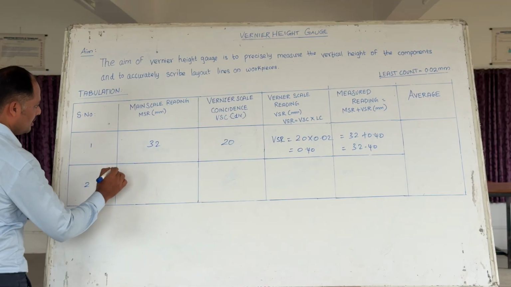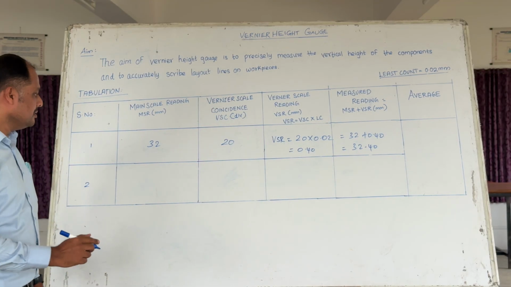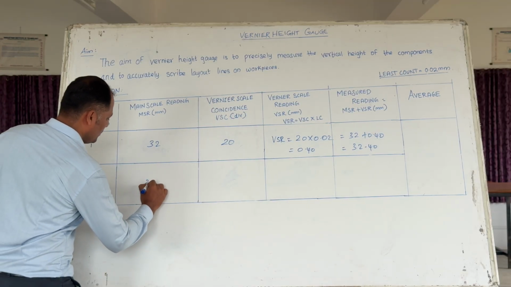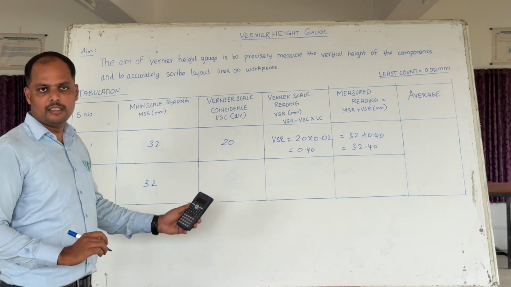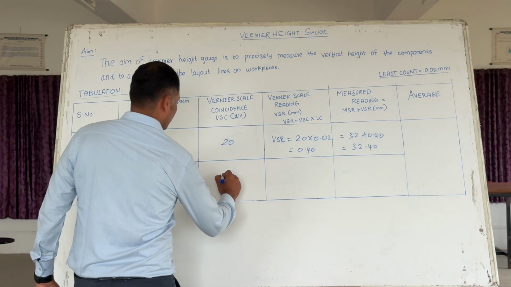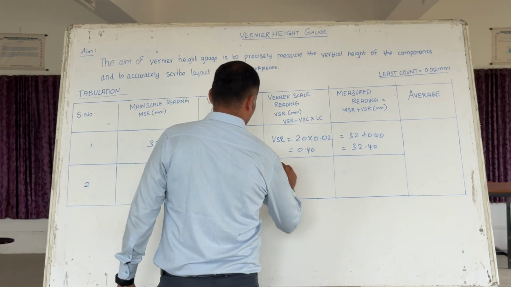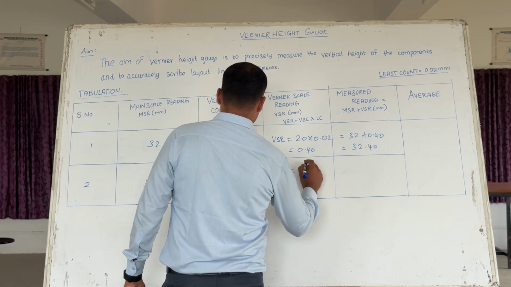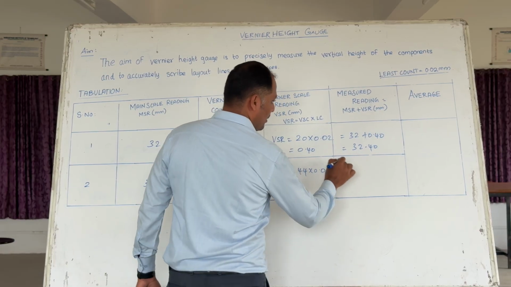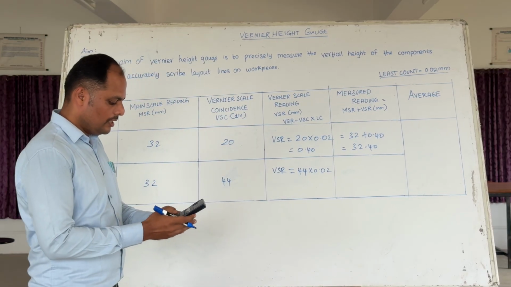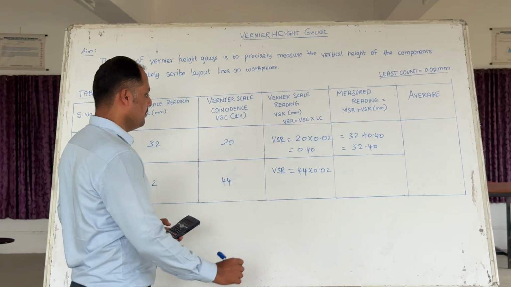That is the second one. The same is measured for the other right corner of the height of the component, and again the main scale reading is 32 mm. The total Vernier scale coincidence is 44 divisions. The Vernier scale reading is 44 multiplied with the least count, so 44 into 0.02 is equal to 0.88.